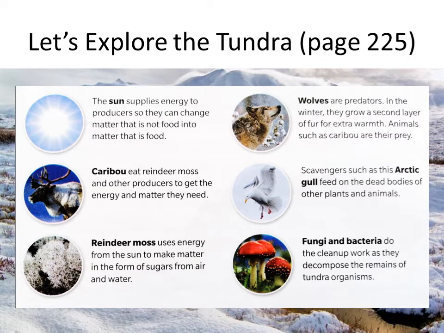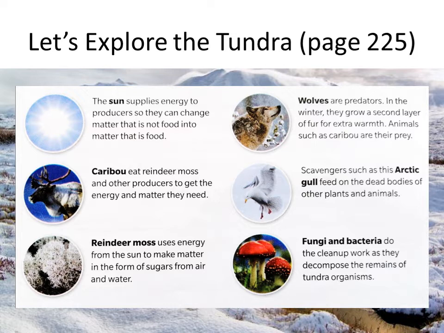On page 225, they are helping you to understand how the energy moves in the ecosystem in the tundra. It's a place that we said is very cold most of the year. And they wrote you a brief description of every picture you have on this page. They told that the sun is the source of energy for all the producers.